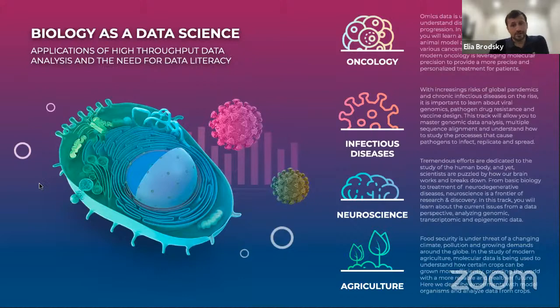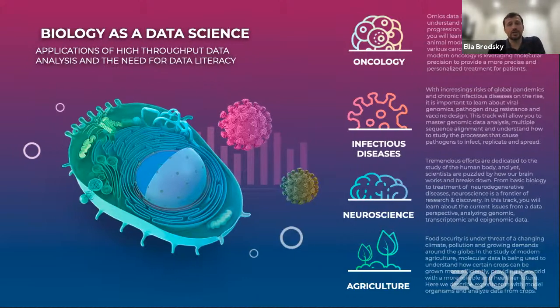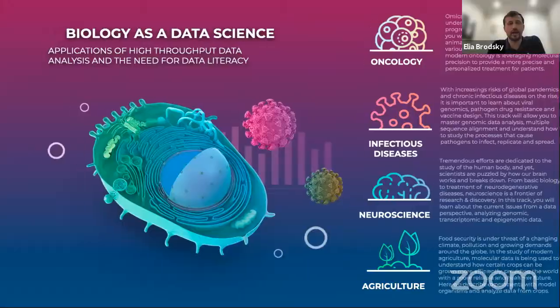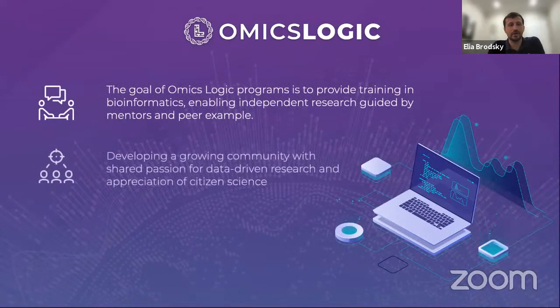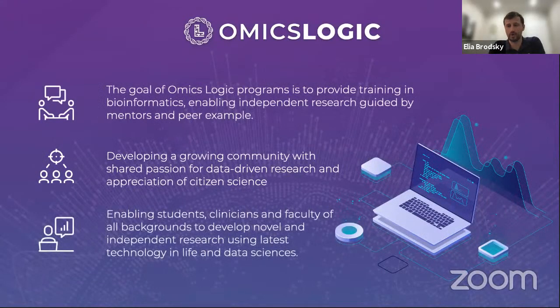So to address this challenge, we have designed the 3 pillars of what our programs are all about. The goal of Omics Logic is to provide training in bioinformatics, guided by mentors and peer example. We want to grow a community that shares a passion for data-driven research and an appreciation for citizen science.